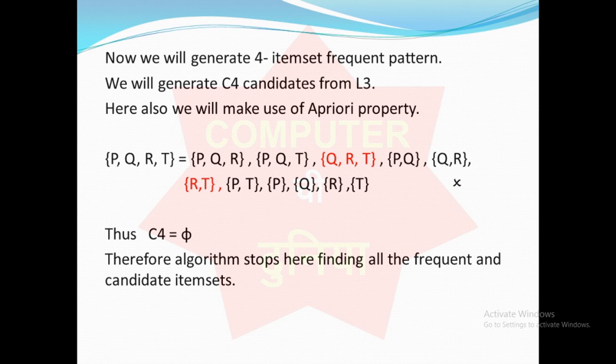Thus, C4, that is candidate item set list 4, is now null. Therefore, the algorithm stops here, and we have found all the frequent item sets and candidate item sets by using the Apriori algorithm.